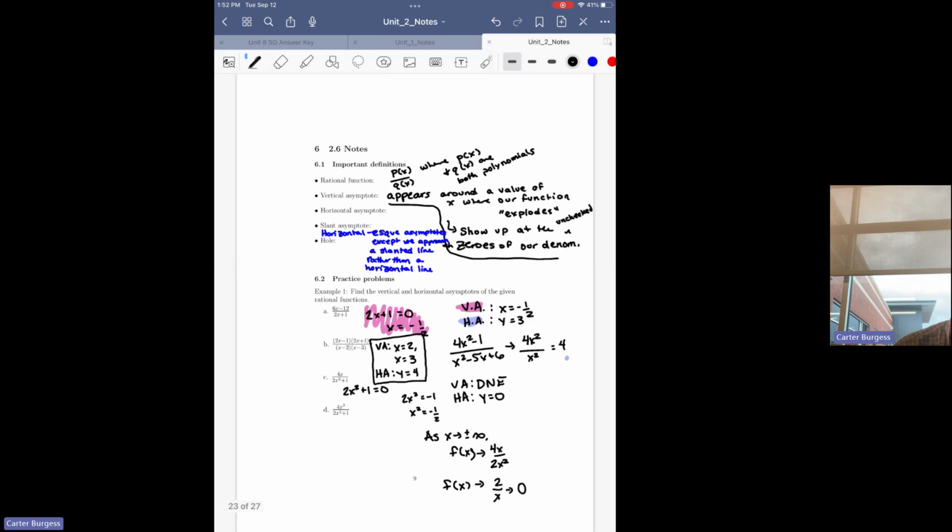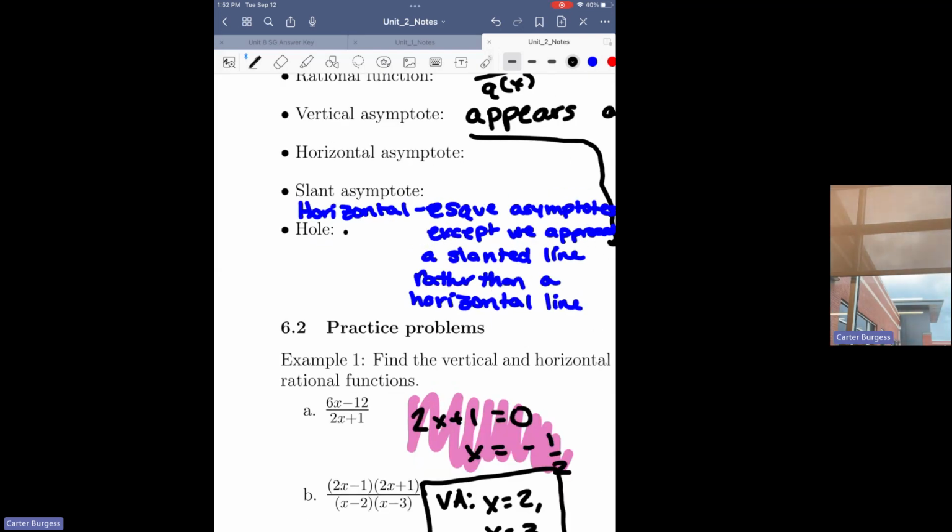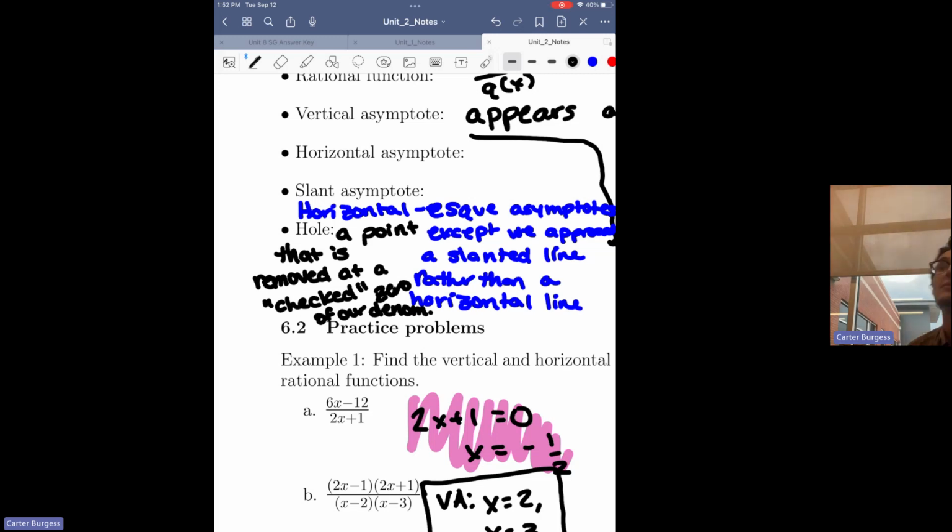So a hole here is a point that is removed at a checked 0 of our denominator, where now we know what it means to be checked.